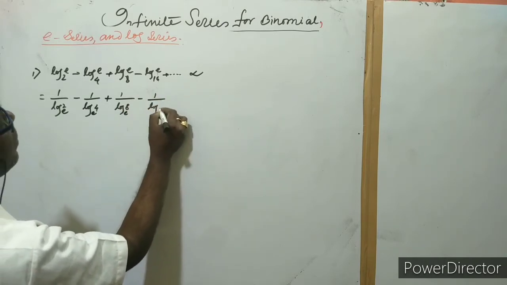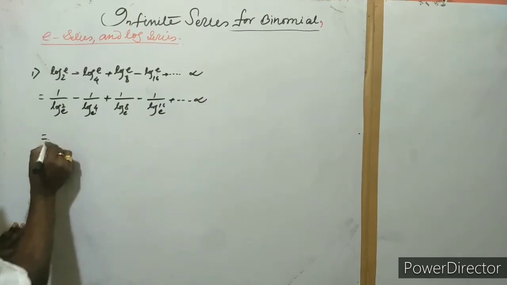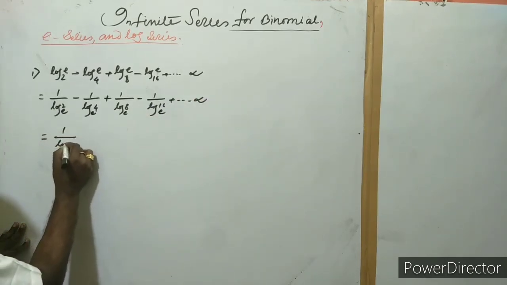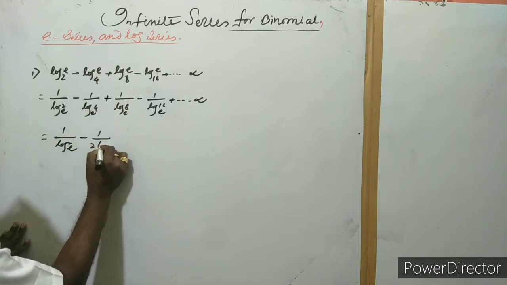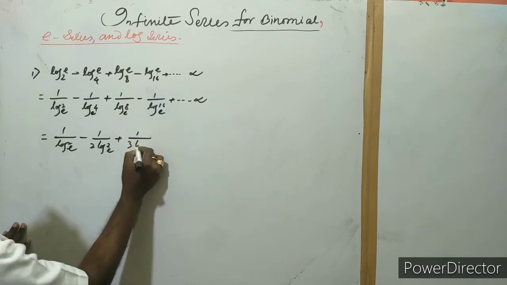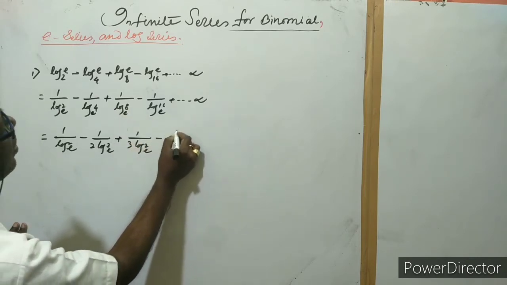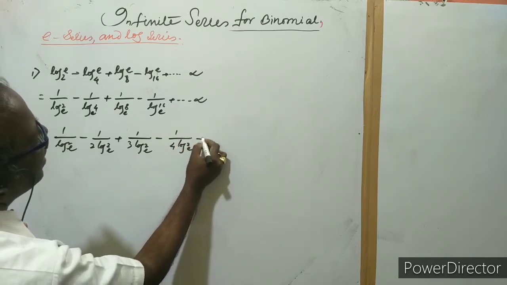So we can write it like this. Now log 2 to the base e 4, this is 2 square, we can write 2 into log 2 base e, plus 2 cube, and 2 to the 4 into log 2 base e here.